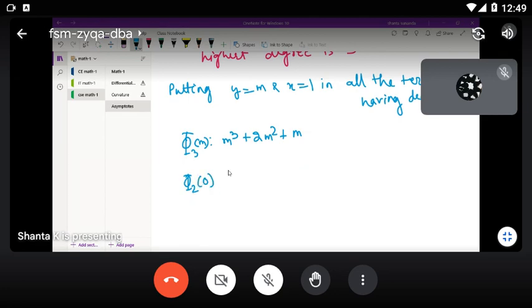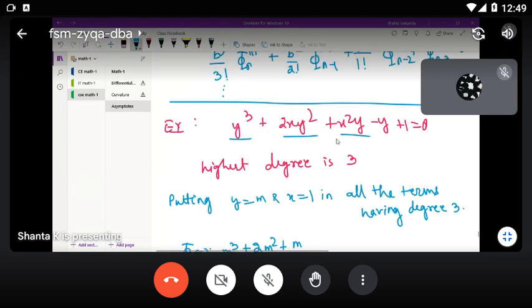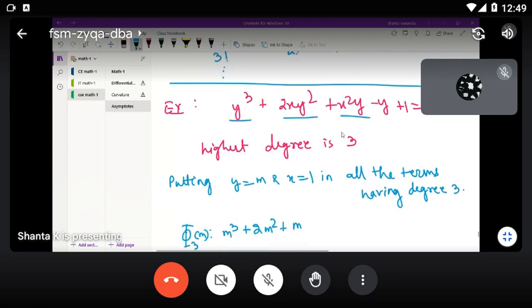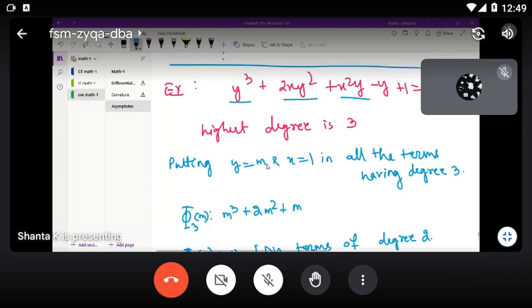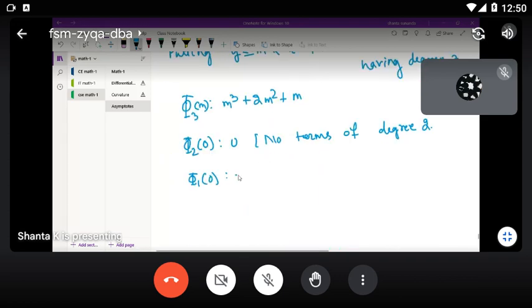Okay, phi 2. There are no second degree terms, so phi 2 is 0. Because there are no terms of degree 2. So here, minus m.